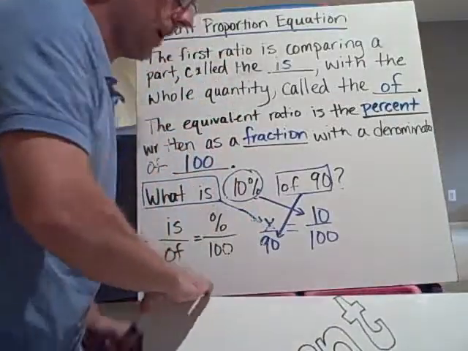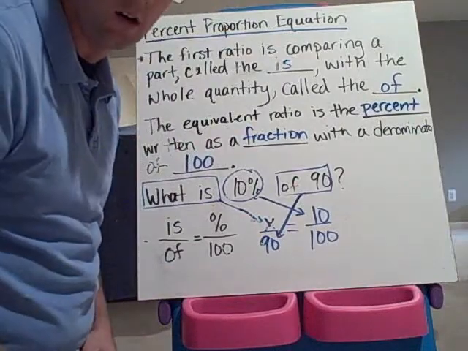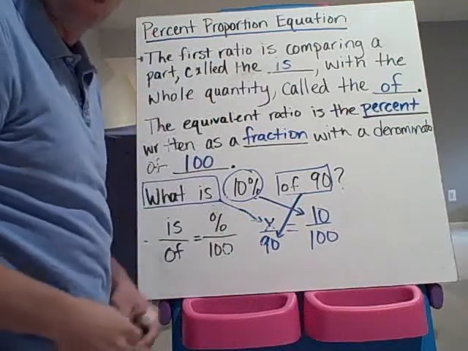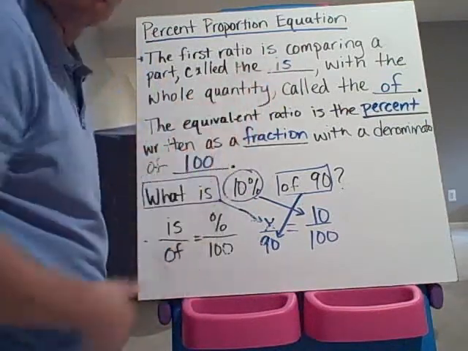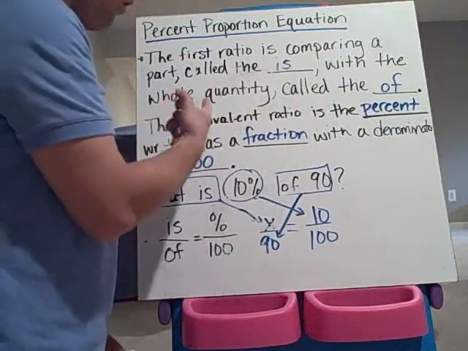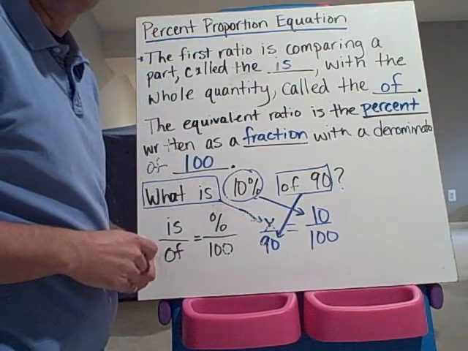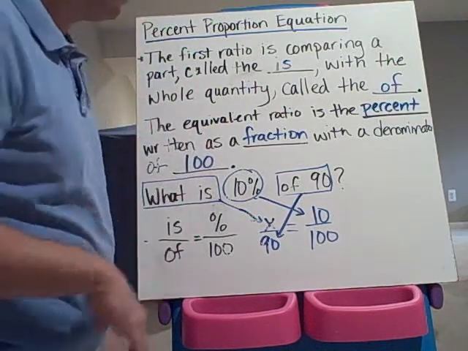But first, let's look at why we use the percent proportion equation. All right, so the first ratio when writing a percent proportion equation is comparing the part, or the is, with the whole quantity. So in the case of a tax on your bill, you want to take a part of the whole bill.